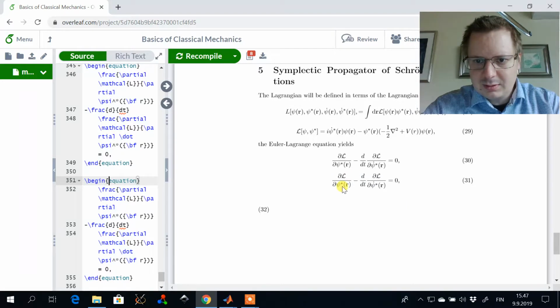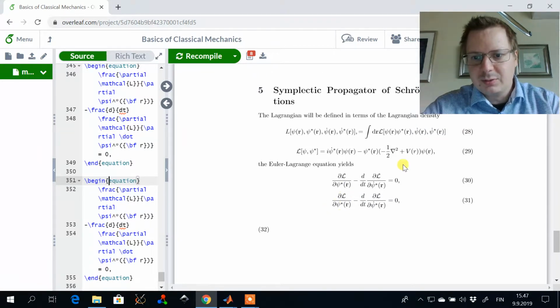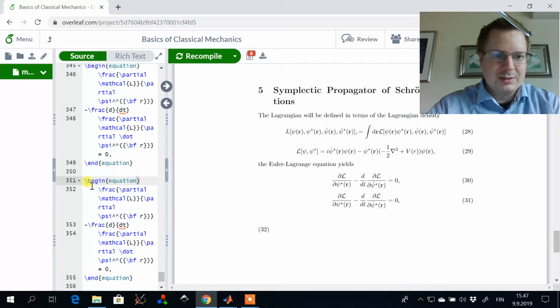So this one will just yield the Hamiltonian, which is this one, and then this one will yield i psi and the time derivative of that.